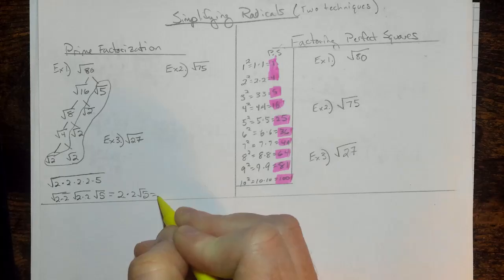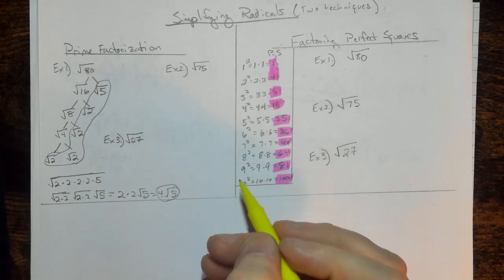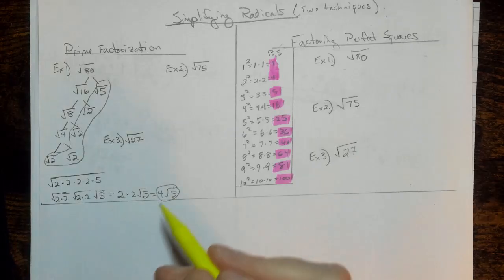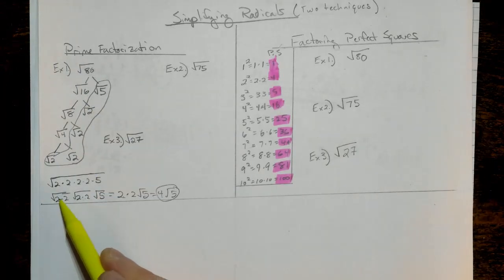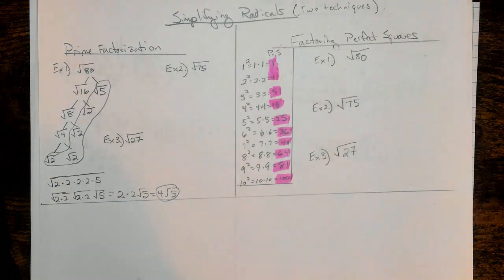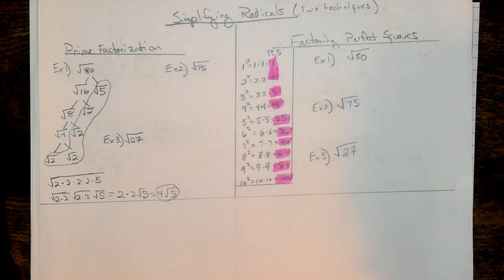And so prime factorization tells us that this is 4 square roots of 5. I will go through some logic behind why this works, but let's go through the logic and then we'll factor the other two, and then we'll look at this other side, which will really accelerate the capacity for this.